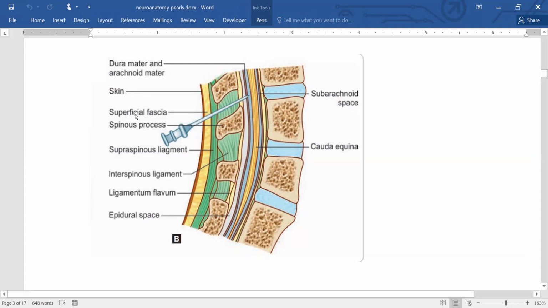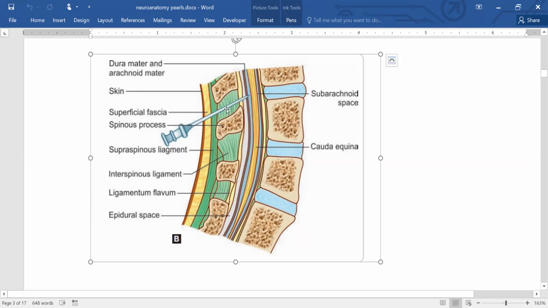So skin, superficial fascia, then the supraspinous ligament, then interspinous ligament, and then the ligamentum flavum, and then the epidural space containing the loose connective tissue and the vertebral venous plexus, and then we have the dura mater and the arachnoid mater. Then comes the subarachnoid space.